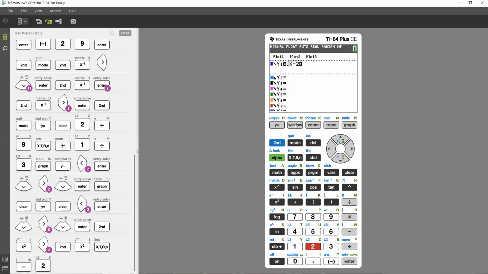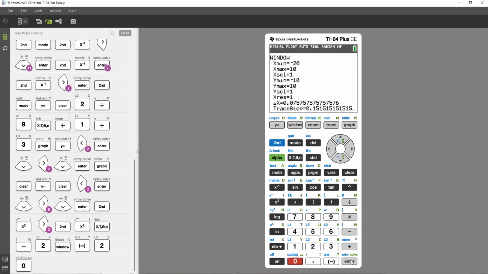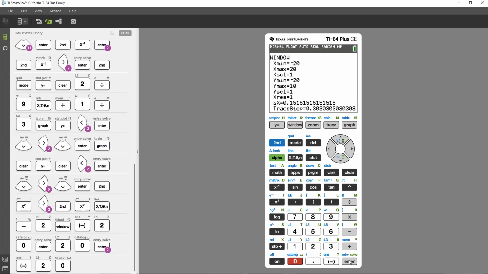Now I'm going to go to window and set mine x minimum to -20. Enter. X max positive 20. Enter. And then I'm going to go down here to y minimum, make that a -20. And y maximum a positive 20.